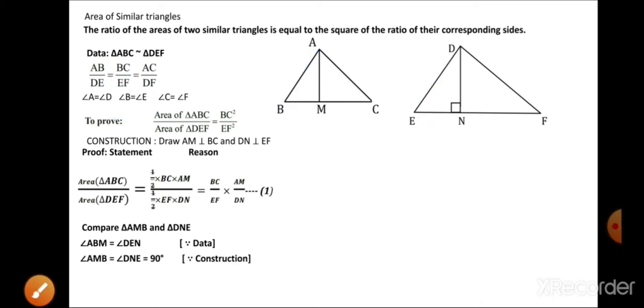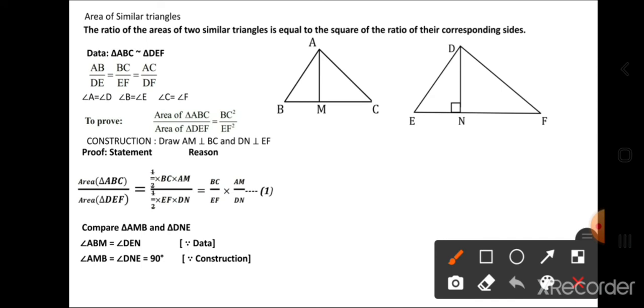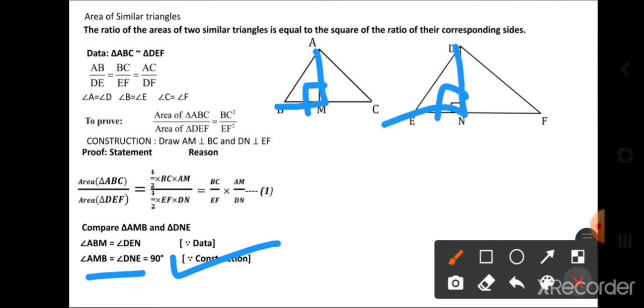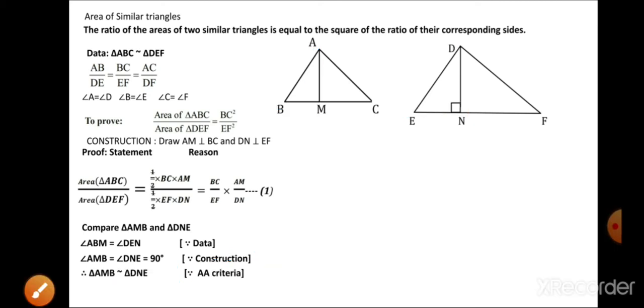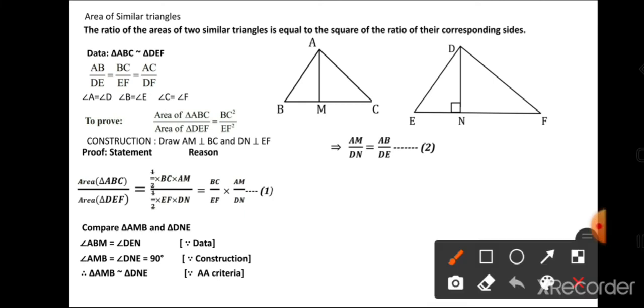The next thing is, according to the construction, AM is perpendicular to BC and DN is perpendicular to EF. Therefore, they both make 90 degrees, that is angle AMB is equal to angle DNE, equal to 90 degrees by construction. Now the two triangles are similar based on AA criteria, meaning angle criteria.